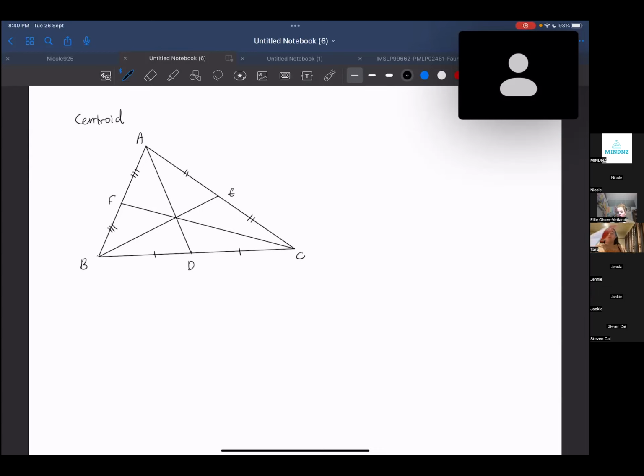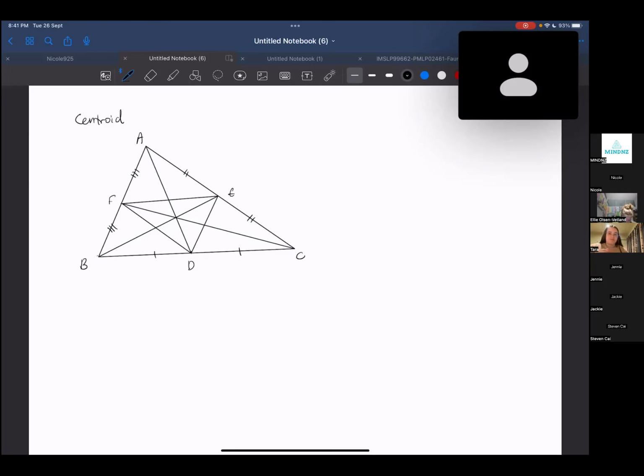So the interesting property of this, I think, is how you get the medial triangle. The medial triangle is this little triangle inside. These triangles are actually similar.